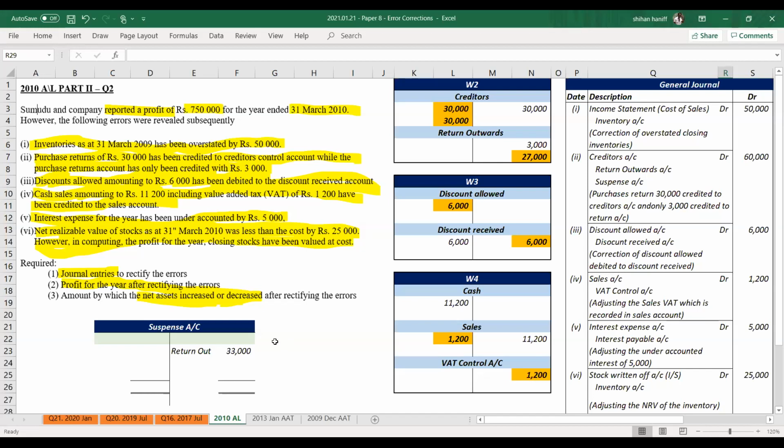If the NRV is less than the cost, we have to write off that difference. Let me see if I have a note to share.